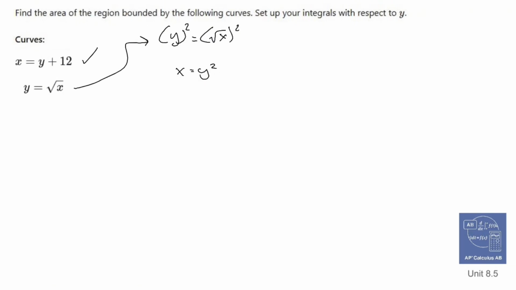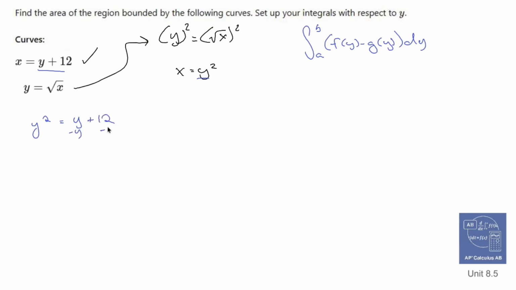Now, whenever we're finding the area between two curves, we use the formula, the limits of integration from f of y minus g of y dy. I don't know my limits of integration, but the way I find them is I set those equal to each other. So y squared equals y plus 12.